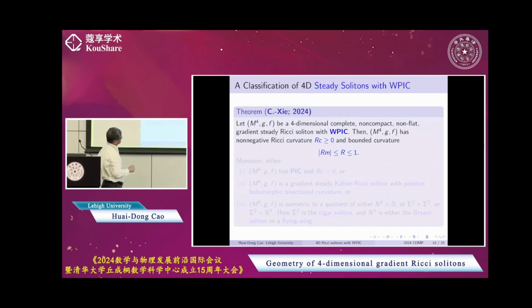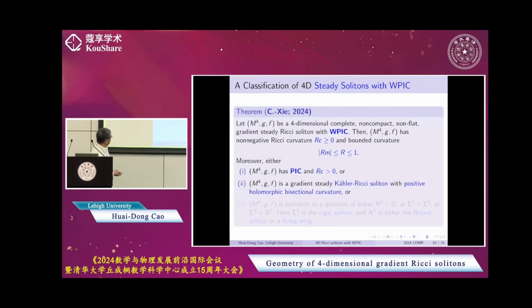Now, if we start with a four-dimensional complete non-compact and non-flat steady Ricci soliton and assume it's W-PIC, then either it's PIC, and of course then Ricci will be positive, or it has to be a Taylor-Ricci steady soliton with positive holomorphic bisectional curvature, or otherwise it's a product.